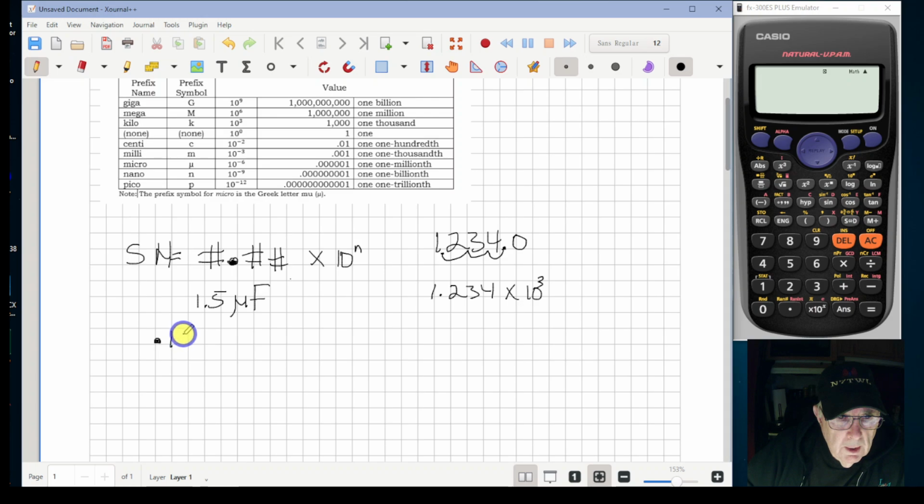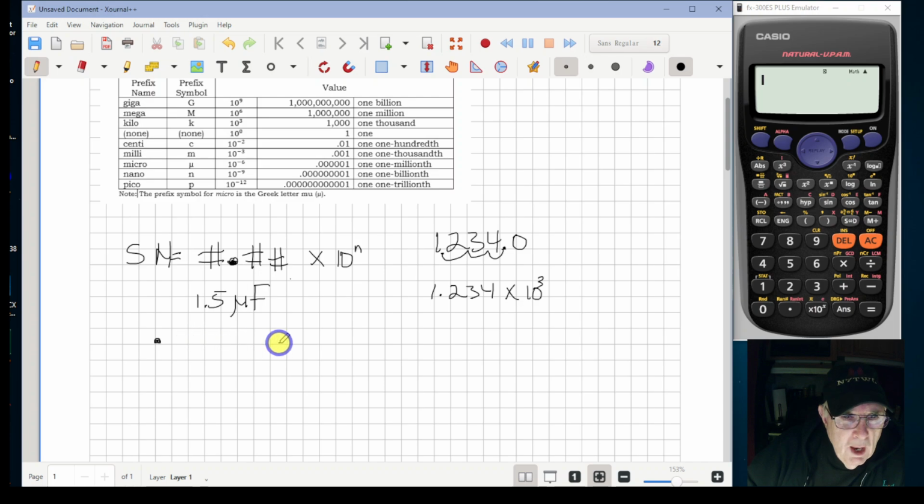So this would be 1, 5, and I need 3 more here. Let's see, is that right now? 1, 2, 3, 4, 5. I did this wrong. I just love it when I do this backwards. That's all right. I don't mind making mistakes.